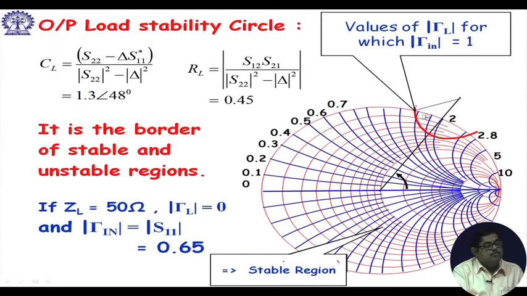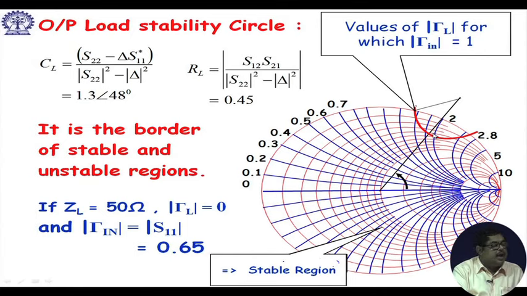Similarly, we draw the output stability circle. This is the center, again outside the Smith chart, at an angle of 48 degrees, and you see the radius is 0.45. So, 1.3 minus 0.45, so there will be intersection. This red line is the locus of that circle, a part of that circular arc.